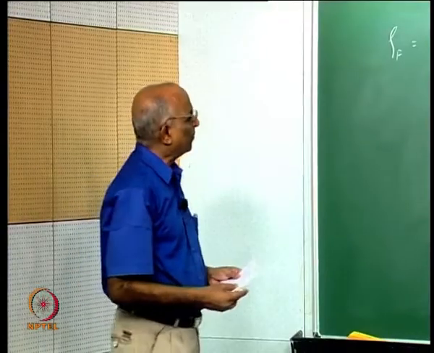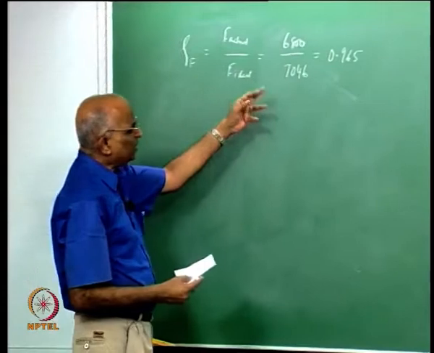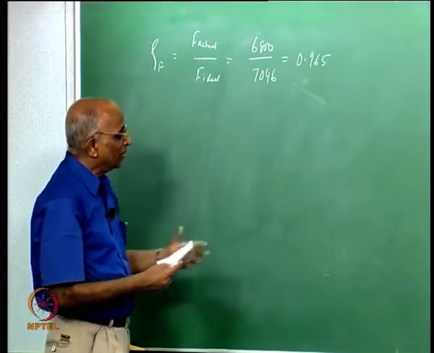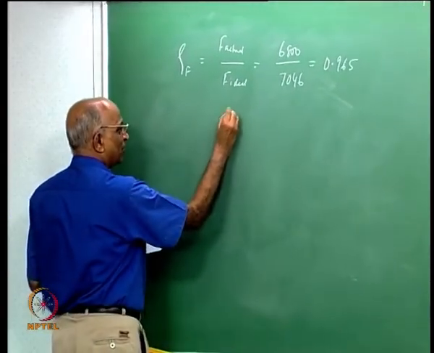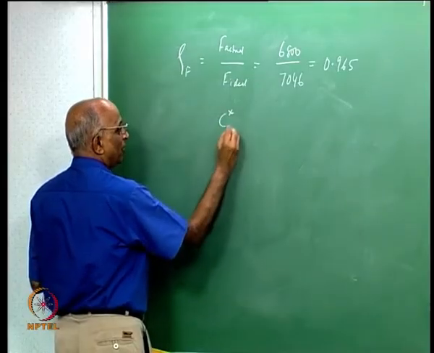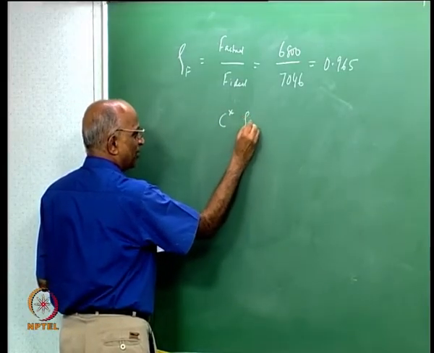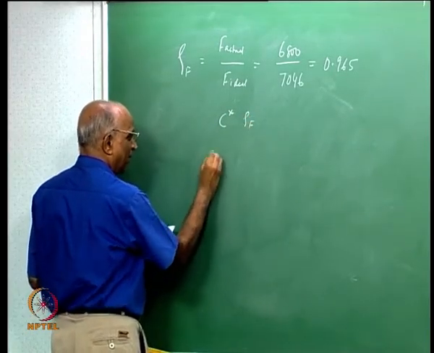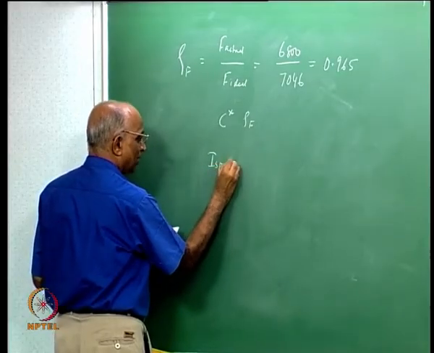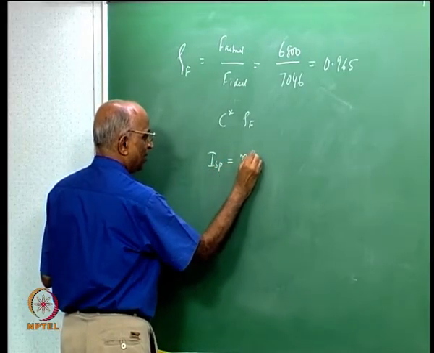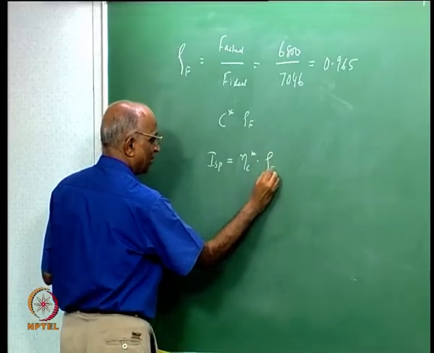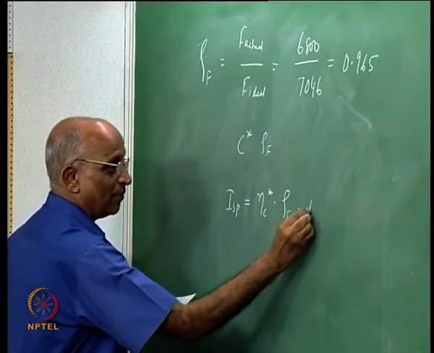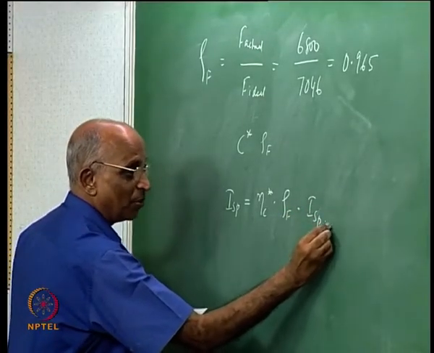But actually, this is an actual rocket in which we must also consider the effect of C star efficiency, as well as the effect of the thrust correction factor. In other words, the actual thrust goes as eta C star times the thrust correction factor times the value of ISP, which could be ideal.